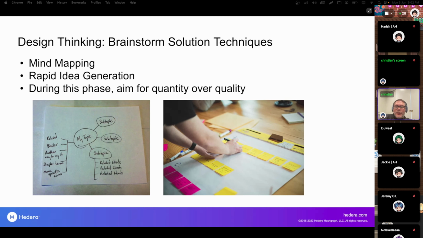Okay, so now you have your ideas, then it's time for ideation or idea generation. So a good way to do this is something called a mind map. And you can see a picture of one in the bottom left there, and a picture of a different type with sticky notes on the bottom right.